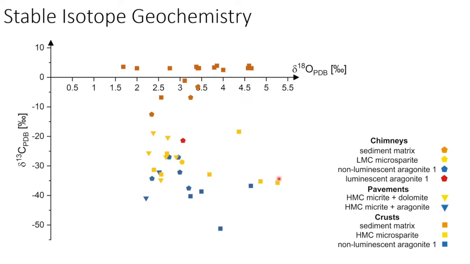And we have then highly depleted values of up to -55 around, which is linked to the aragonite. And then we have phases in between, which are more likely mixing phases between dolomite and micrite, or micrite and aragonite in the pavements.